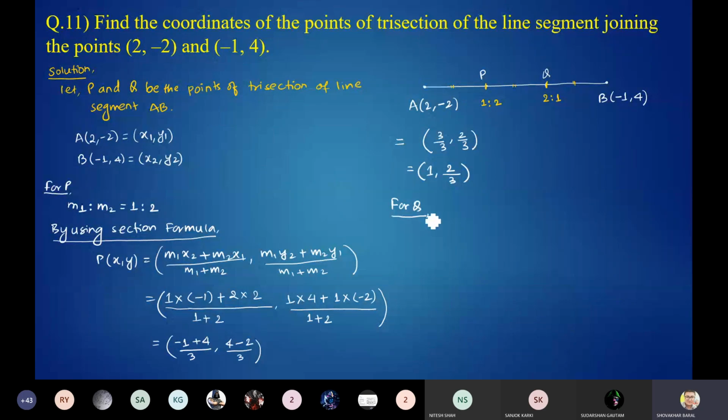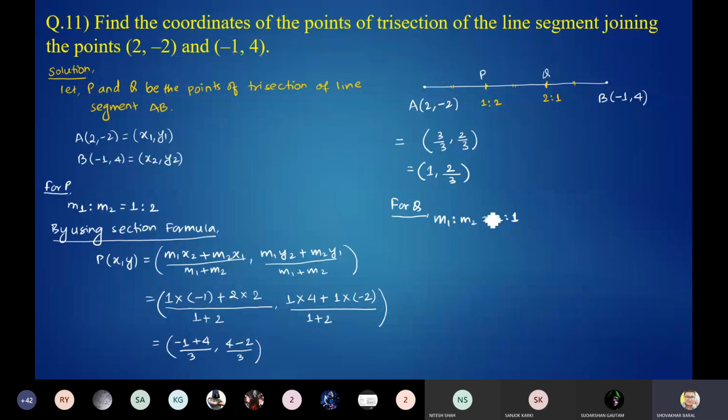For Q, as I told you earlier, there are two points of trisection. So do it yourself for Q. m1 is to m2 is equal to 2 is to 1. Use the section formula again.